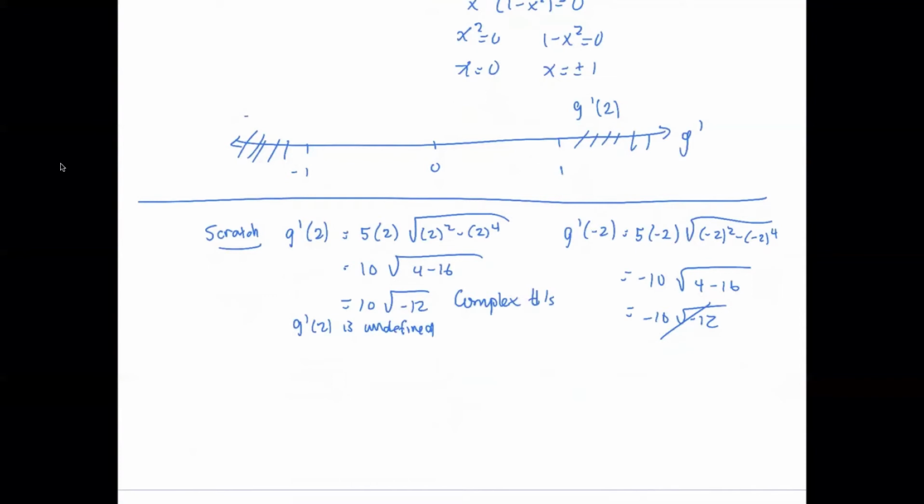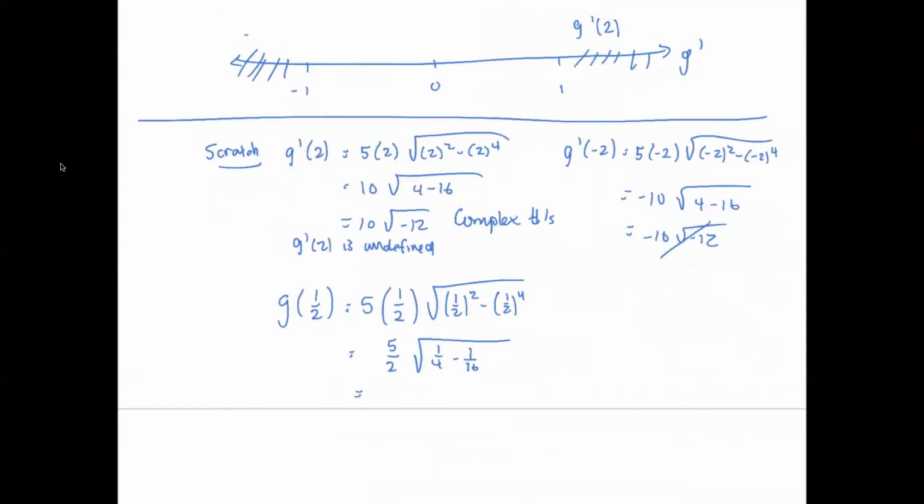So all you have to worry about is things between 0 and negative 1 and 0 and 1. So I'm going to plug in the positive one first. Let's do g prime of 1/2. So that's going to be 5 times 1/2 times the square root of 1/2 squared minus 1/2 to the 4th. That's going to be 5/2 square root of 1/4 minus 1/16.